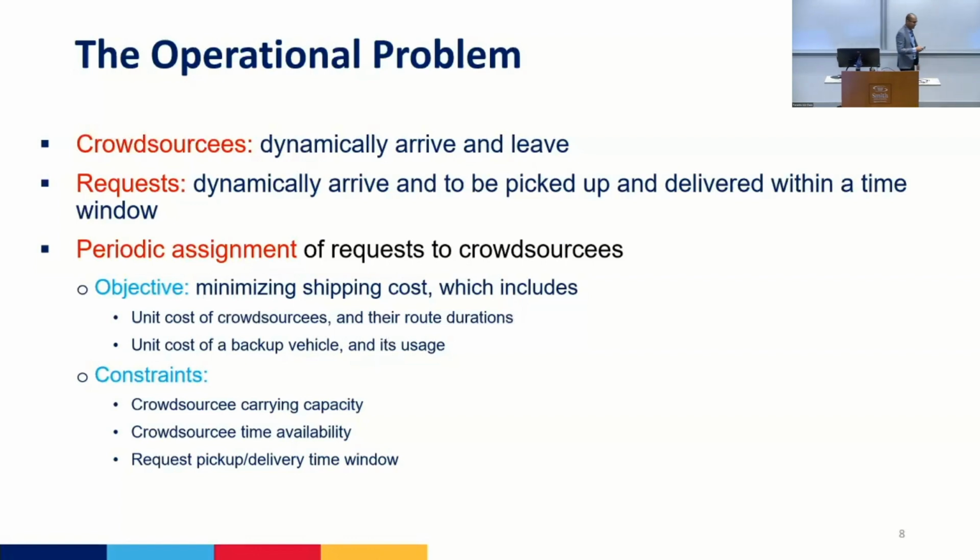So you may need to have some backup plan, and there's a cost of that backup plan, maybe a backup vehicle, right? So this is what you want to minimize, and this is a pure optimization problem, the way I've stated it. There are some constraints. People can only carry some amount of food or whatever goods, and there are request constraints as well. You can't deliver later than what people have asked, right? So that's the operational problem.